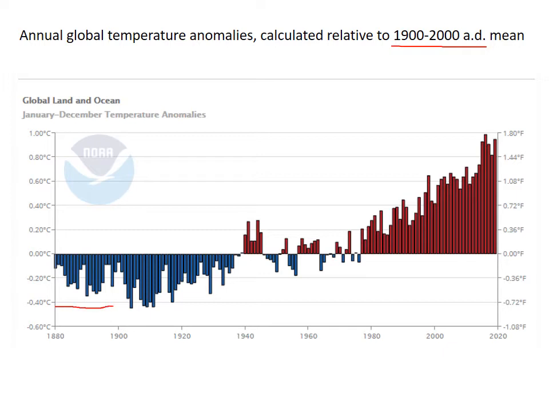The years from 1880 to 1940 were cooler than the average of the 20th century, but now we're into this period where the temperature anomalies are really consistently increasing, and things are getting a lot warmer than the typical conditions that we've had from recorded history.